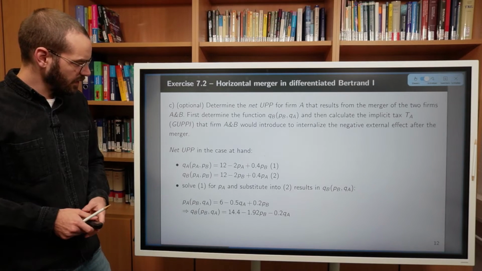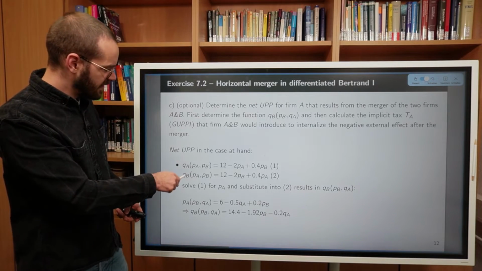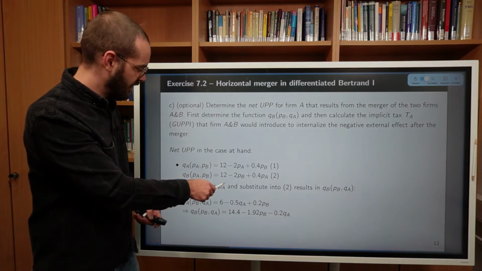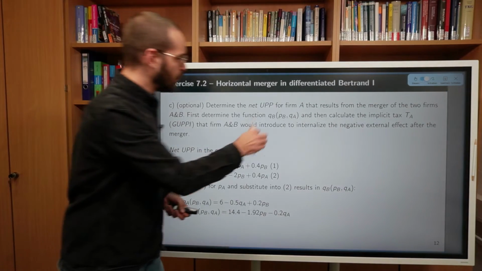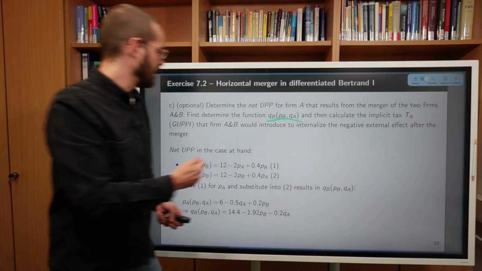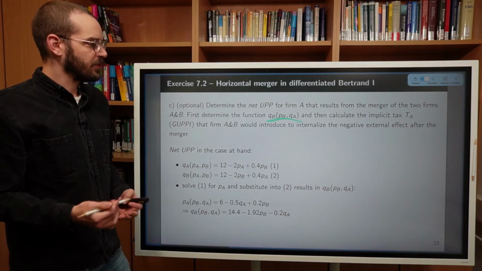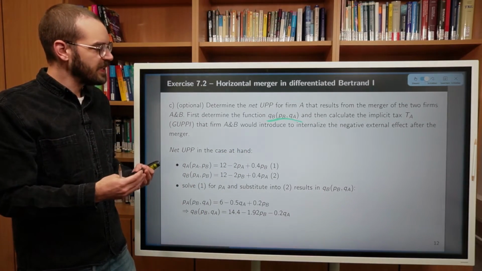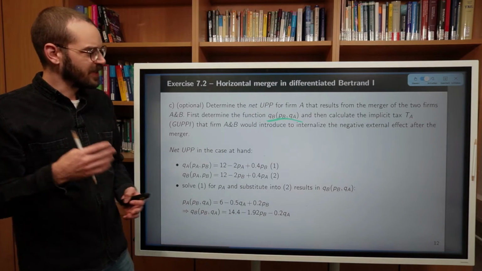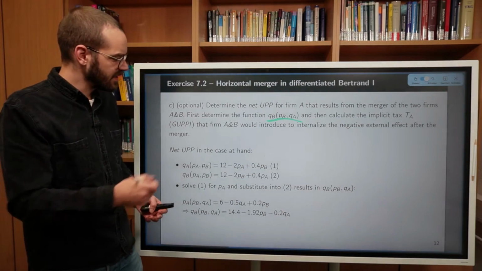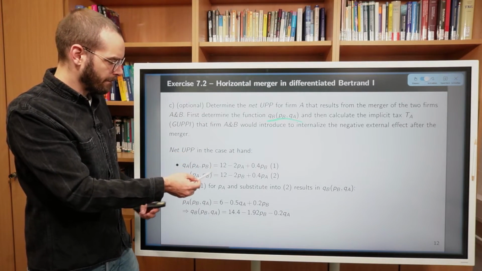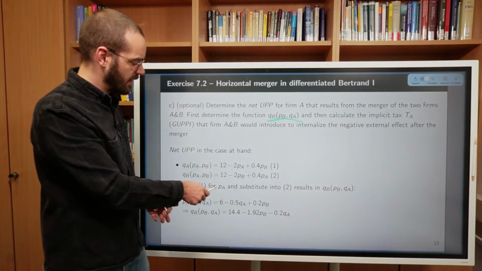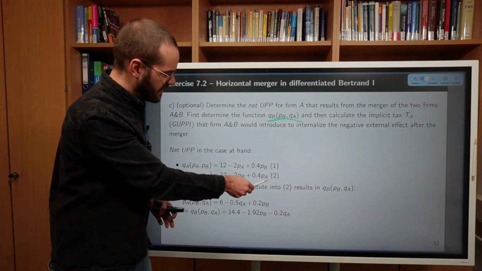We were first asked for this function, Q of B as a function of price B and quantity A. This is just a repetition of the demand functions. We can find this by simply substituting PA in this equation.